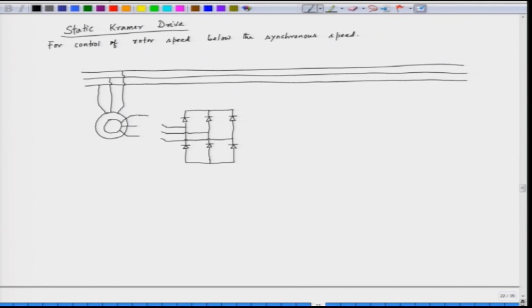Now, we have a switch here which we can connect. Similarly, for phase B we have a switch, and for phase C we have a switch which we can connect, and it is normally connected to the rotor resistance for starting purpose.